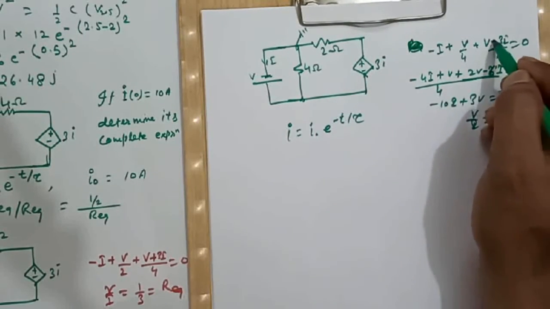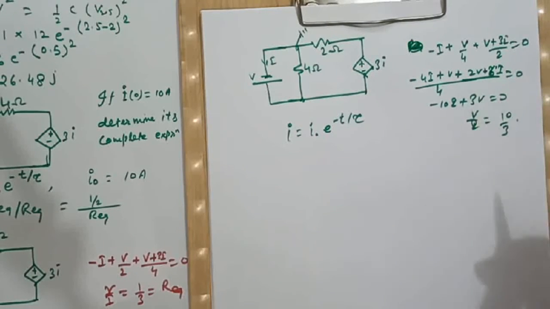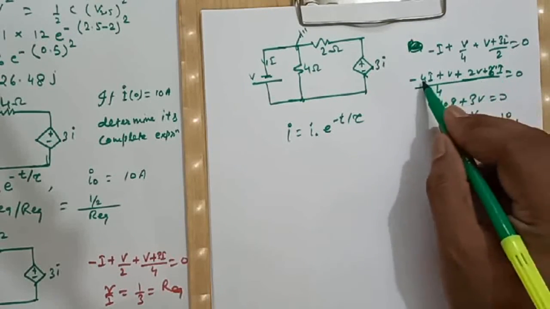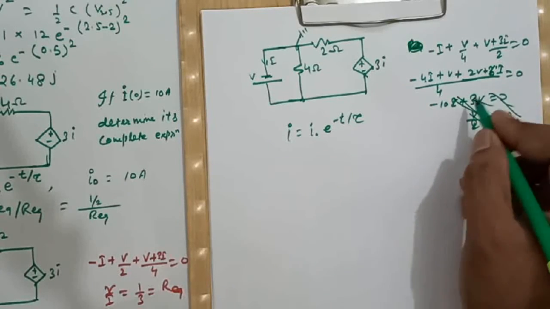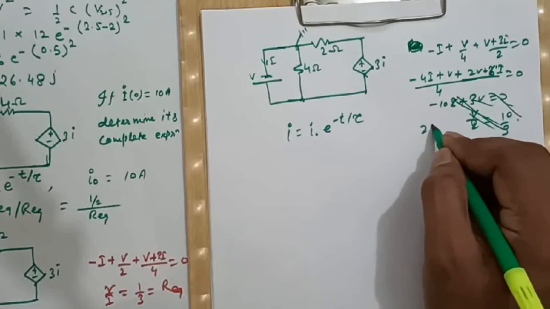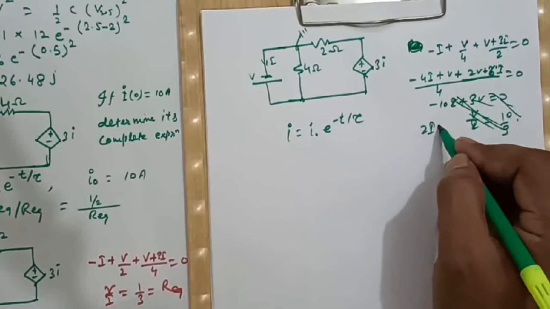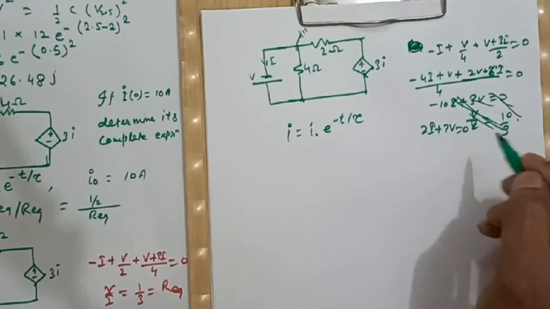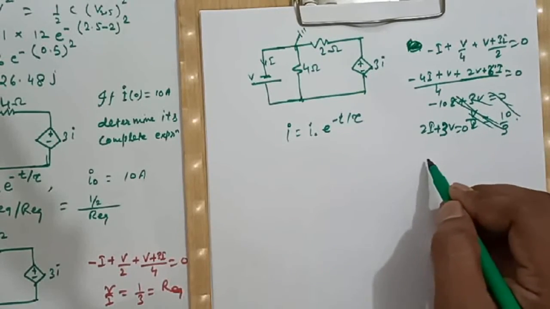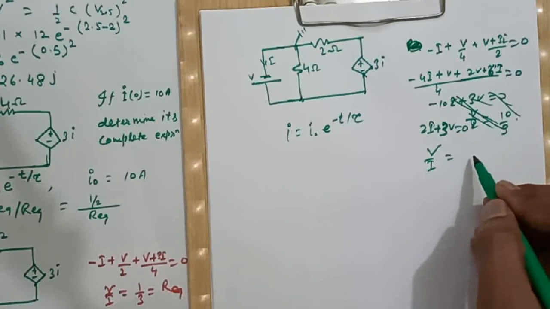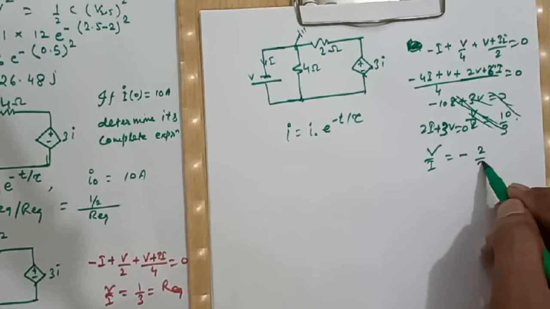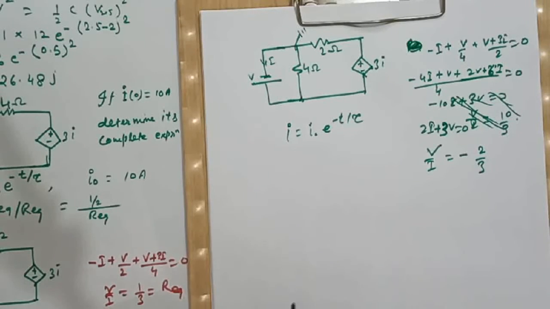It will be V plus 3I, so this will be 6I. Now 6I minus 4I, it will be 2I plus 3V is equal to 0. From here V by I will become minus of 2 by 3, right?